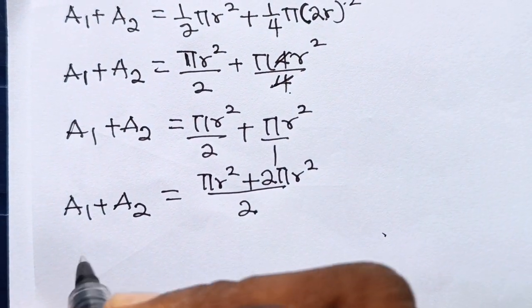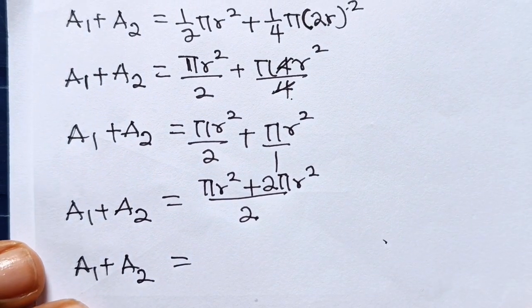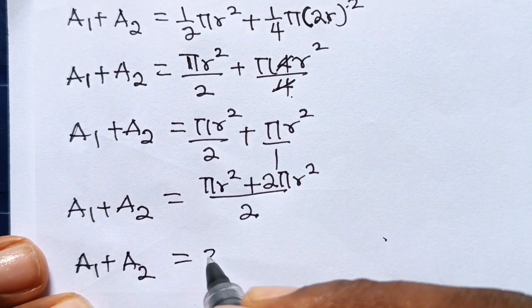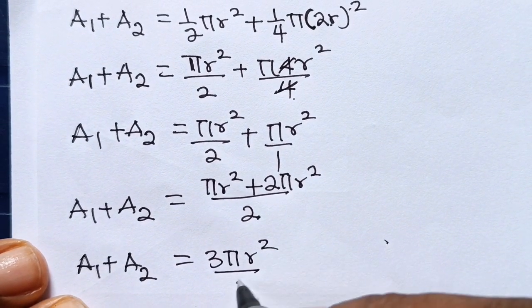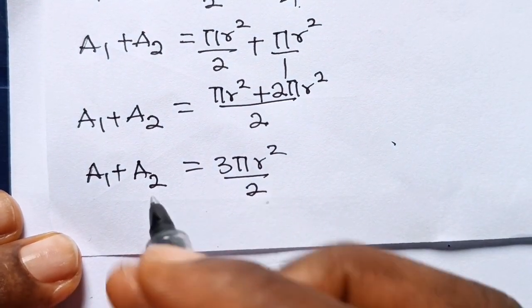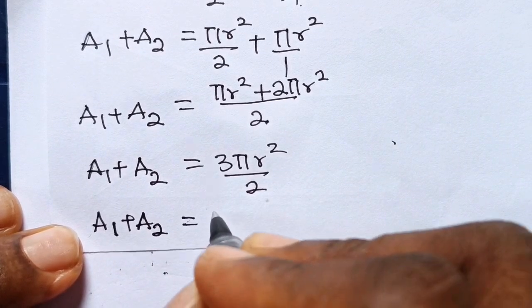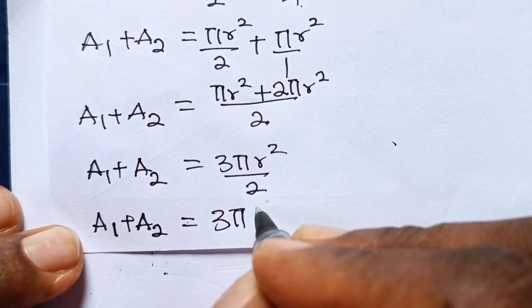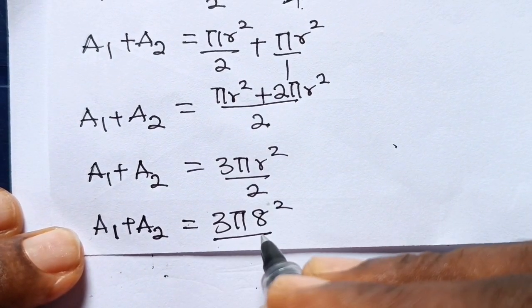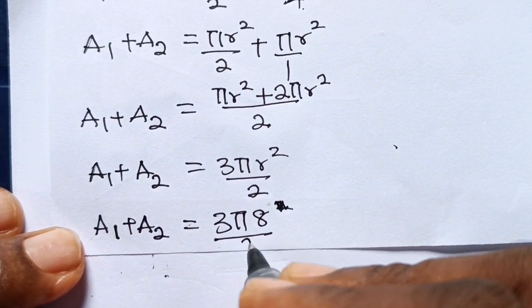So we have that A1 plus A2 is equal to 3 pi r squared divided by 2. But from our equation 1, r squared is equal to 8, okay? So we substitute it here. A1 plus A2 is equal to 3 pi times 8, divided by 2.